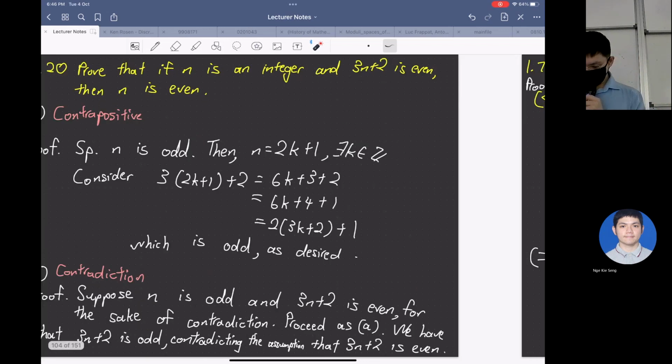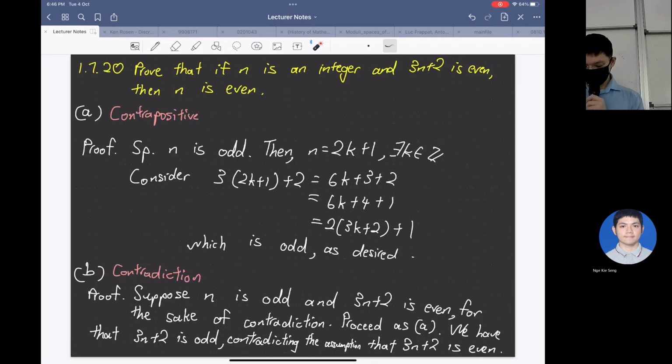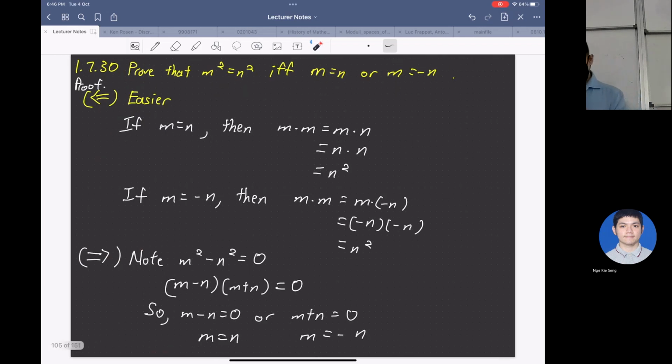And then this one is also direct, similar to what we discussed in the class. This one is to prove if and only if. So two directions: go forward and then go backward. I claim that going backward is easier.